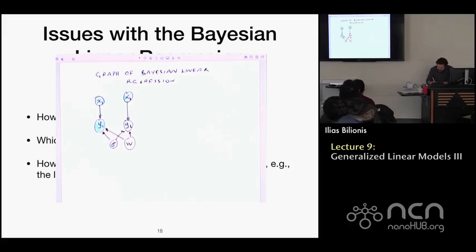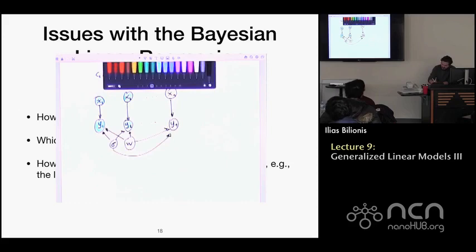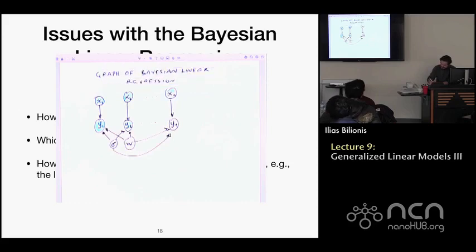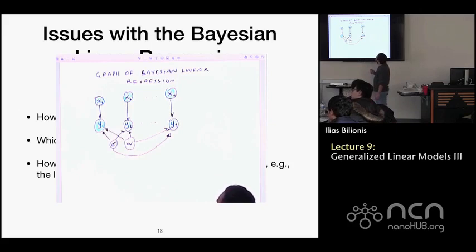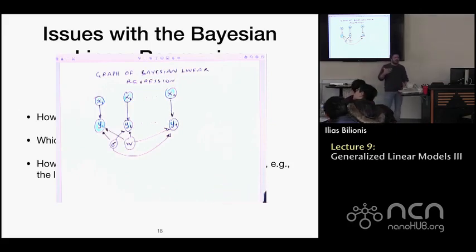And we should have an xn giving us a yn, and there should be an arrow from w going there and from sigma going there. And these guys were also observed. You see it? So this is the graph of our model. This is a graph representing Bayesian linear regression.